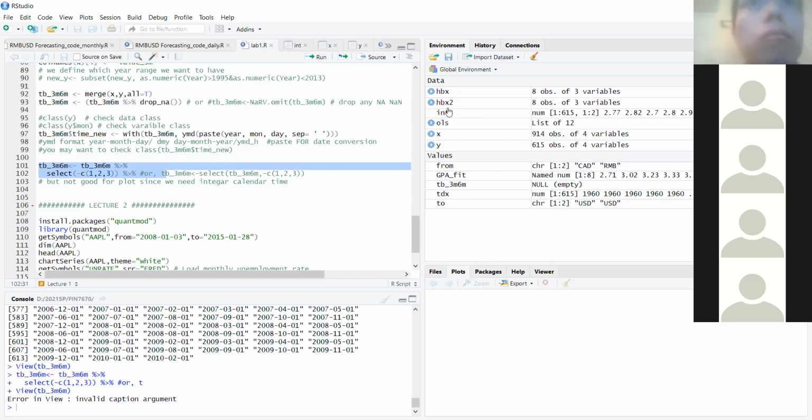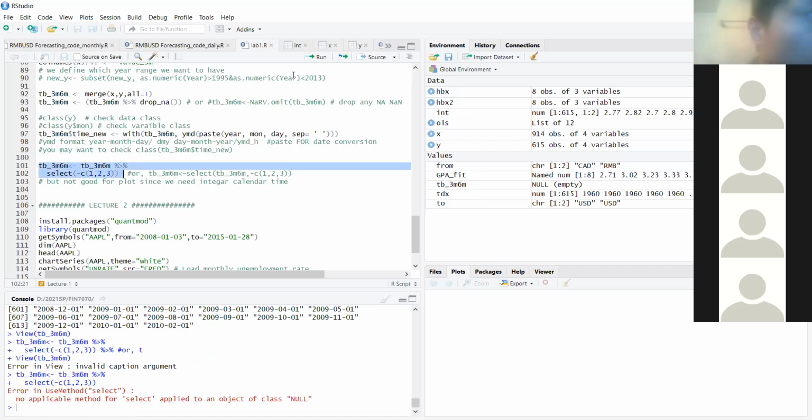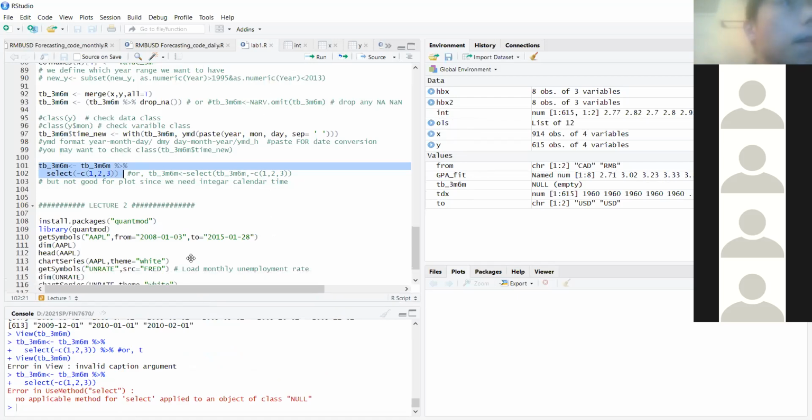Sorry. I think I should not have this. There's some, select the applied object. No. Oh, okay, my bad.